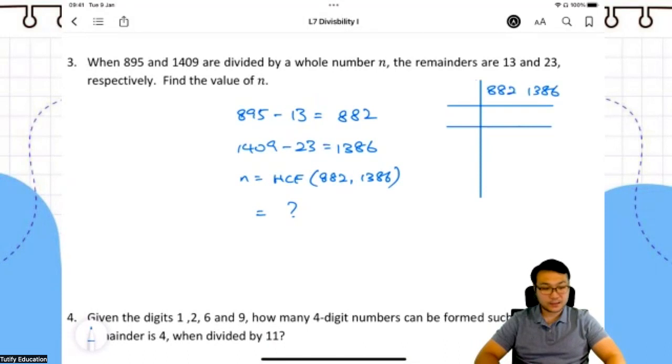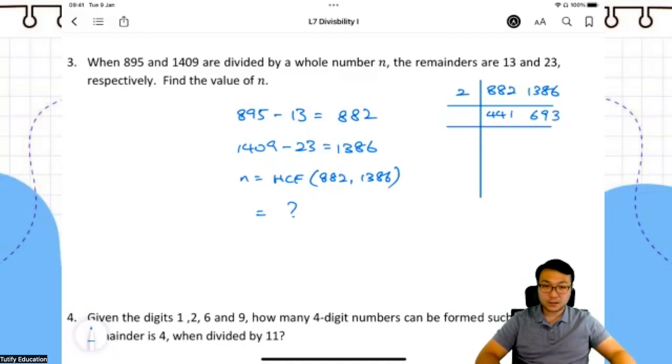What number do you want to use first? 2. Divide by 2. 441 and 693.